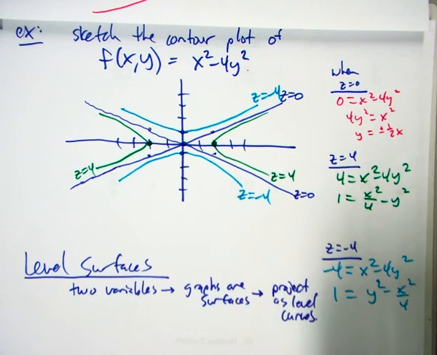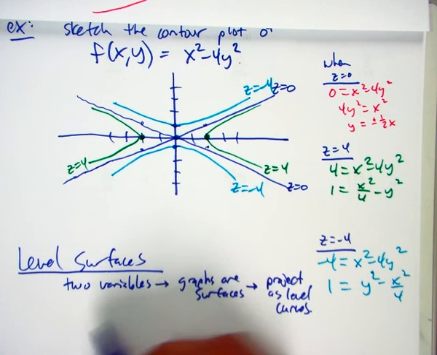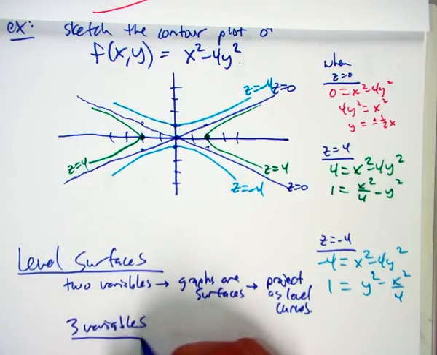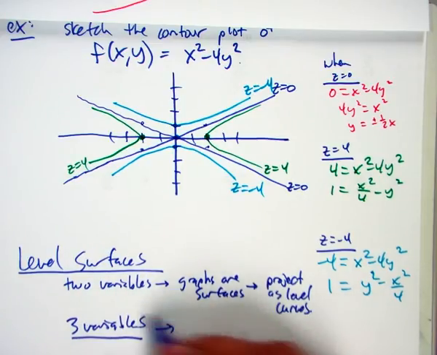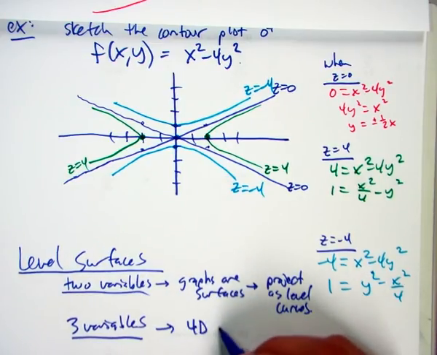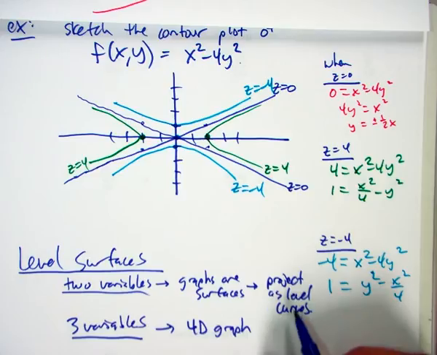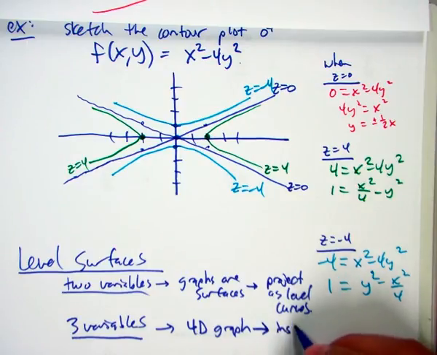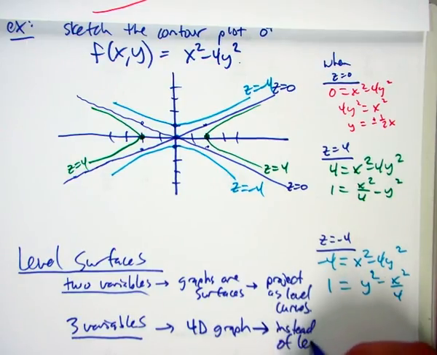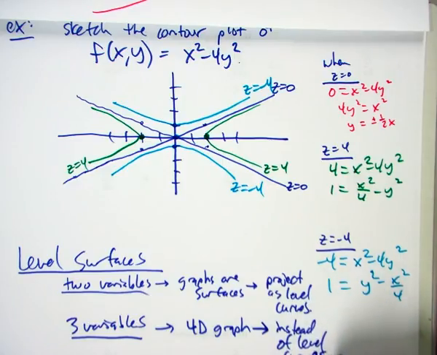When we have 3 variables, now we have a 4-dimensional graph, which we're going to get really good at graphing. Just kidding. But now, instead of level curves, we can project as level surfaces.